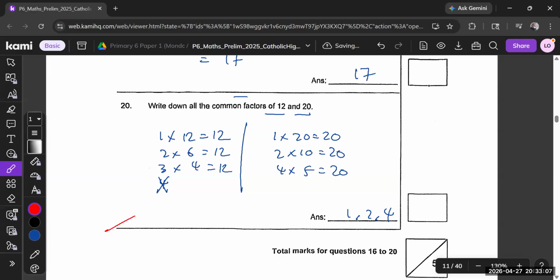Those of you who never do this will make careless mistakes because everything is in your head, which is very dangerous. Circle the common factors: 1, 2, and 4. That's it. All these are 1 mark, very easy to get. Let's go to the next one.